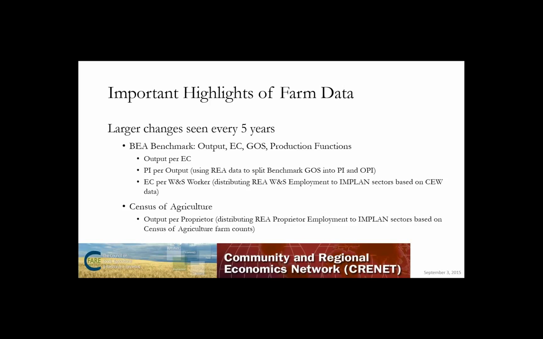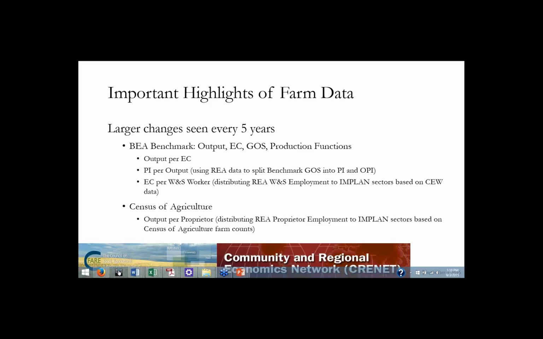But regarding consistency year to year, we have always cautioned users that IMPLAN data isn't ideal for time series analysis, because we are continually improving our data sources and methodologies.